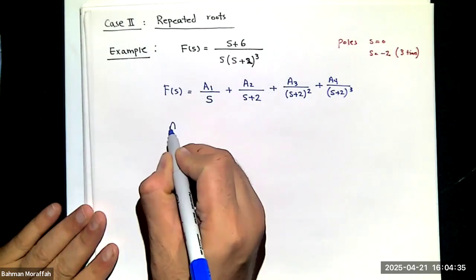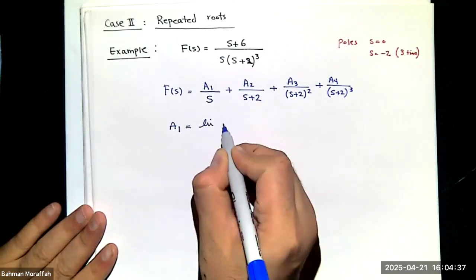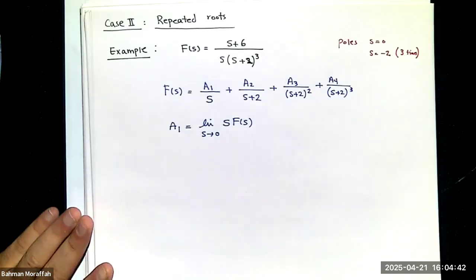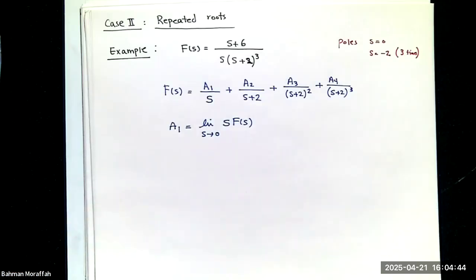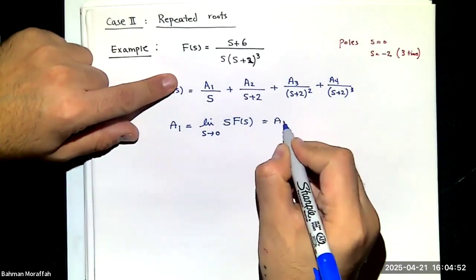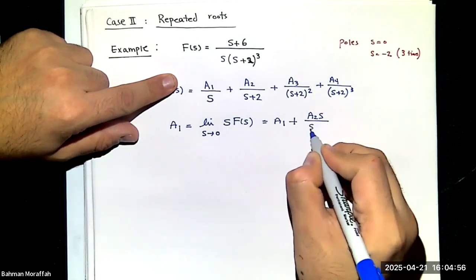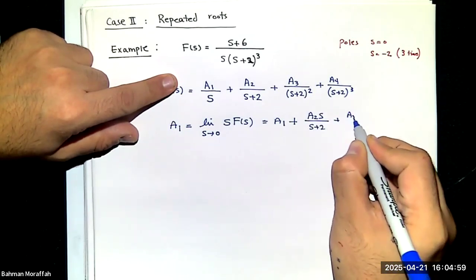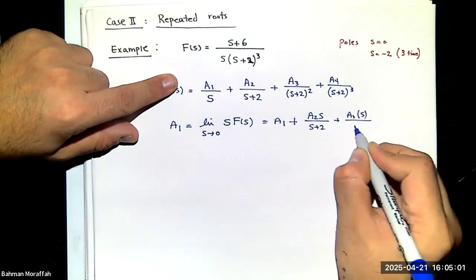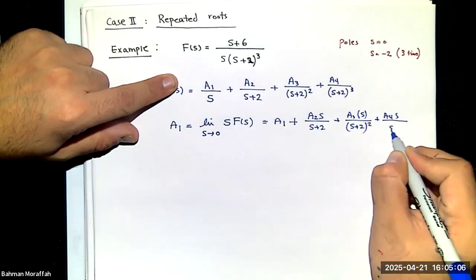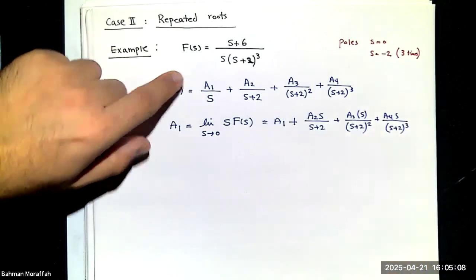I know a1 is the limit of s times F of s when s approaches 0. If I multiply everything by s over here, the first term would be a1. The second term would be a2 times s divided by s plus 2. The third one would be a3 times s divided by s plus 2 squared. A4 times s divided by s plus 2 cubed.